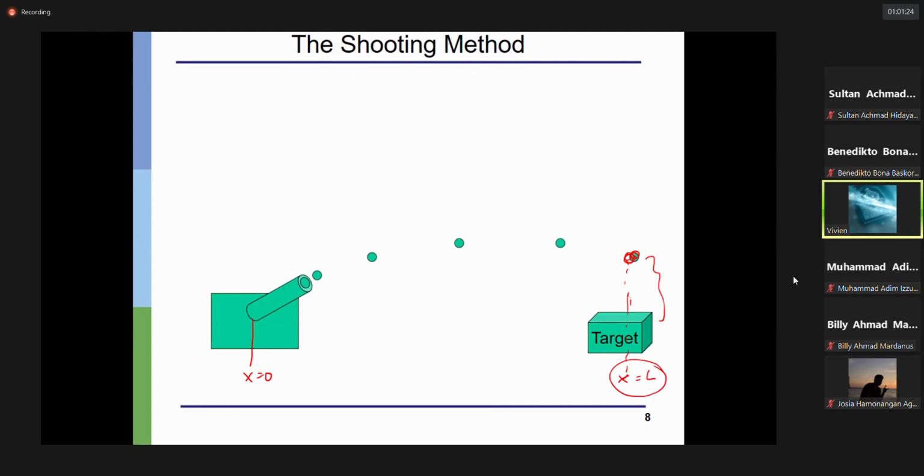Then we try a second attempt, in which we lower the slope. Initially we had a higher slope, and the result overshoots, so we have to reduce the gradient or the slope.